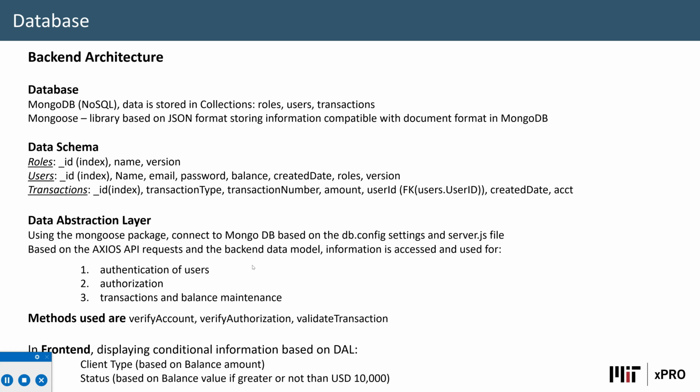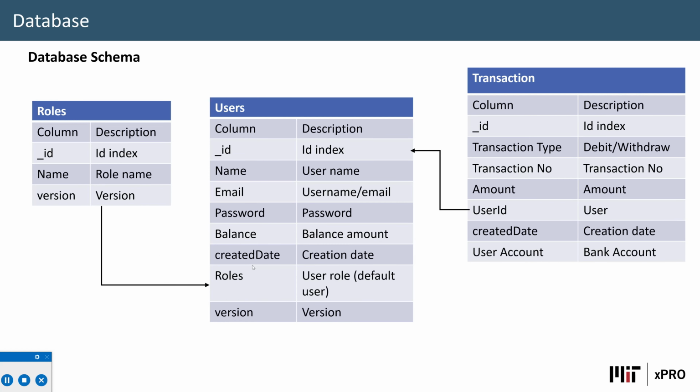The database abstraction layer is indirectly used in the front end for displaying conditioning information such as client type based on balance amount and status based on the balance value if greater than a specific value, in this case $10,000. Here is the schema of the MongoDB database where you can see the relations between the 3 collections.